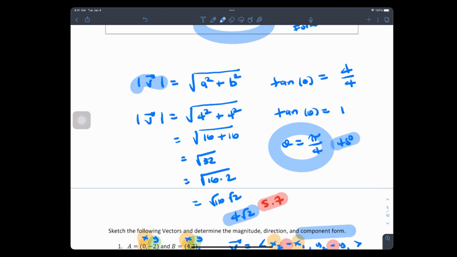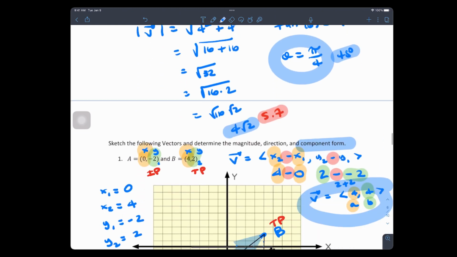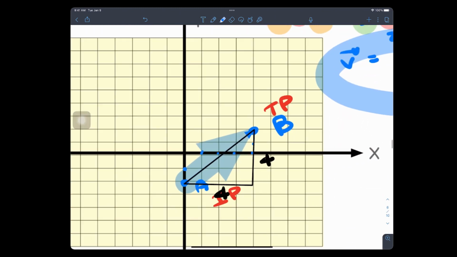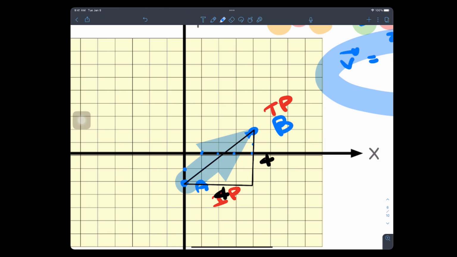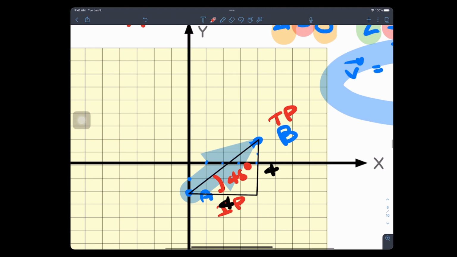So the direction that this vector is pointing that you guys sketched here, that's a 45-degree angle, just so you know. I'm doing all this detail for you guys because it's important. But to sketch the vector, just in blue. Okay, so you know the length. What was that length? 5.7, was it?